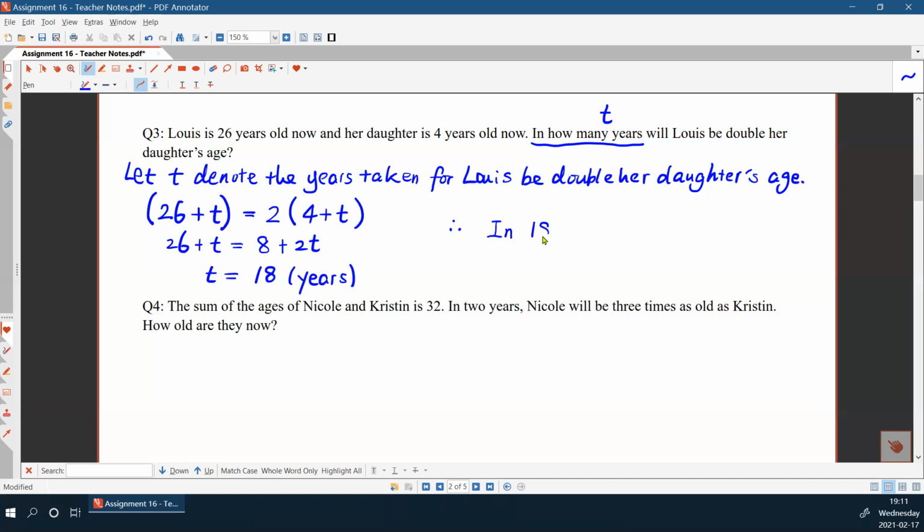Okay, so the conclusion is: in 18 years, Louise will be double her daughter's age.